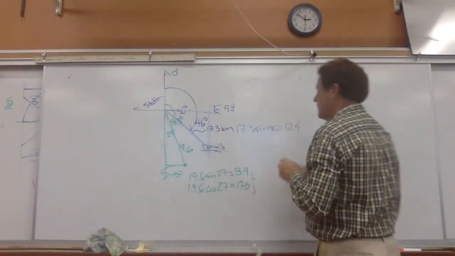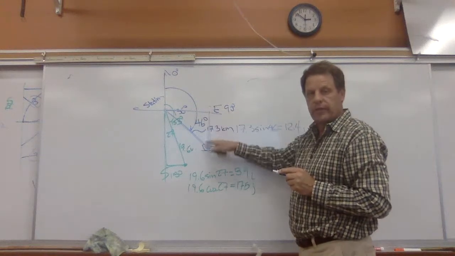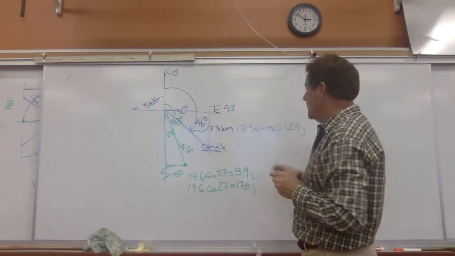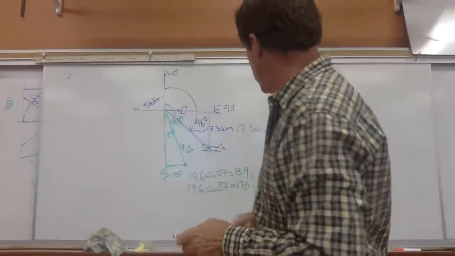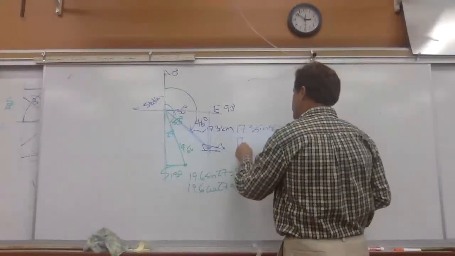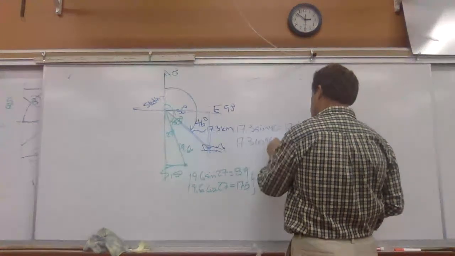But remember, that's opposite, so this is actually J. This is going up and down, so we're going to call that J. That would be south. And then we're going to say 17.3 cosine 46.